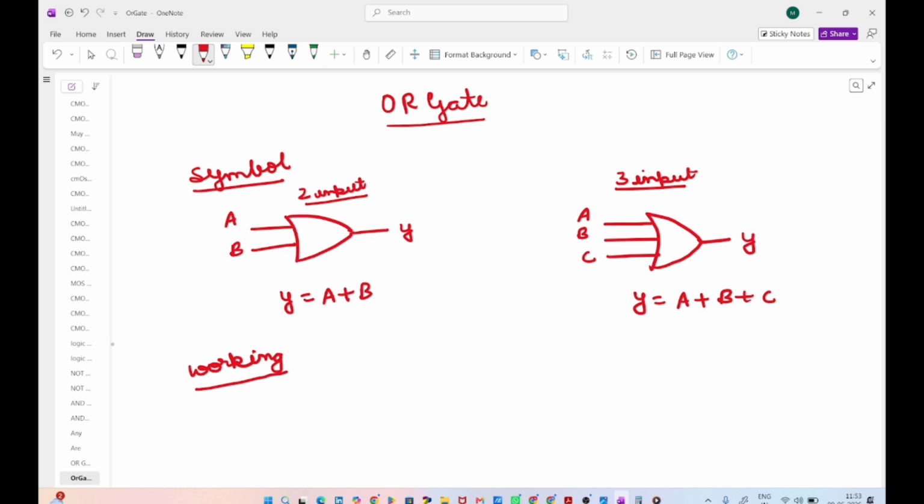Otherwise, it's 0. Let us write the working here. If any input is active, that is 1, output is 1.